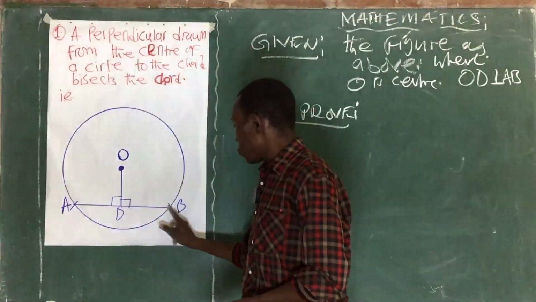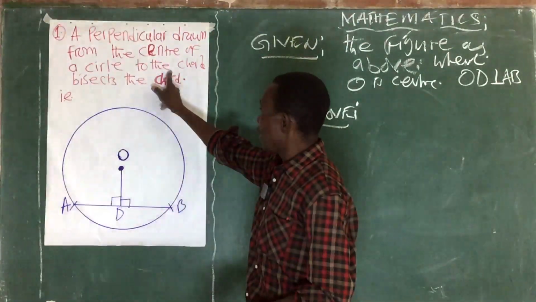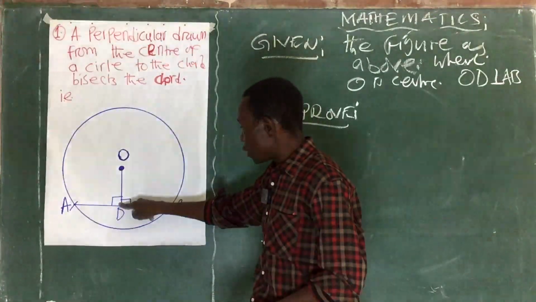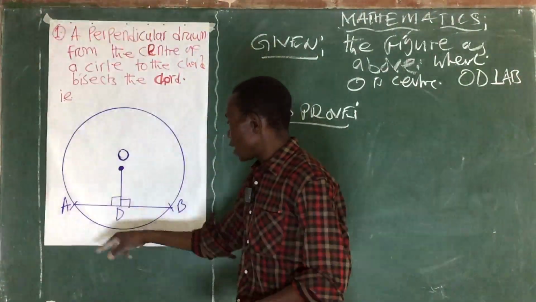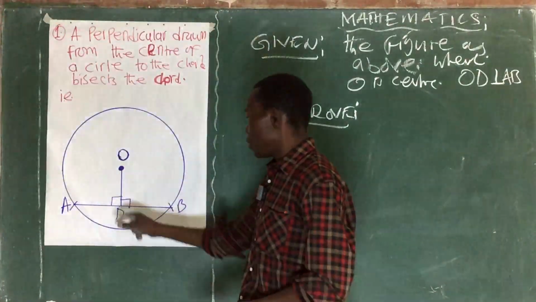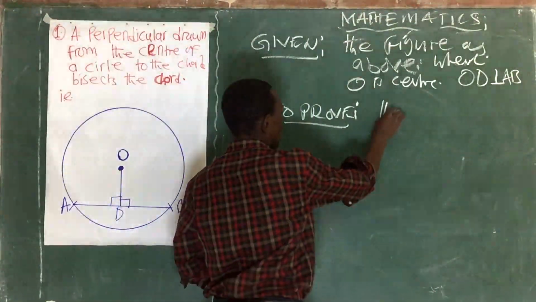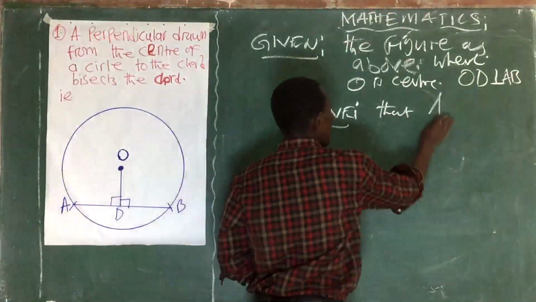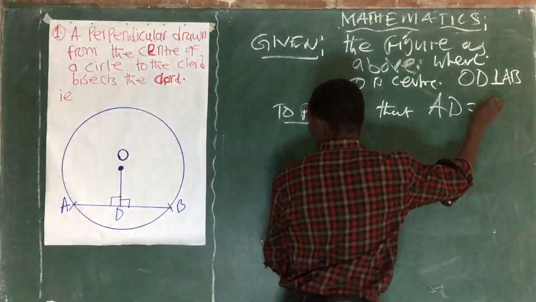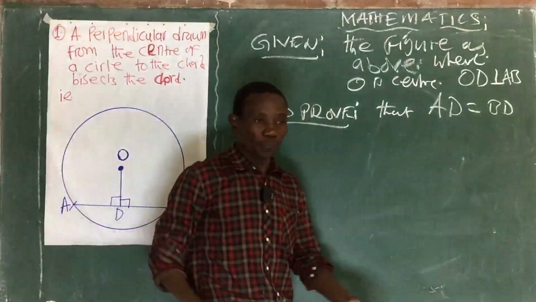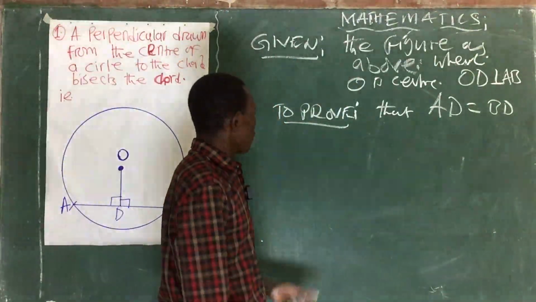Is AD equal to BD? That's what is referred to here. OD bisects the chord AB, meaning that we have to show that AD is equal to BD. So it is simply right here to indicate that we are to prove that AD is equal to BD. That's all. Right. Construction.